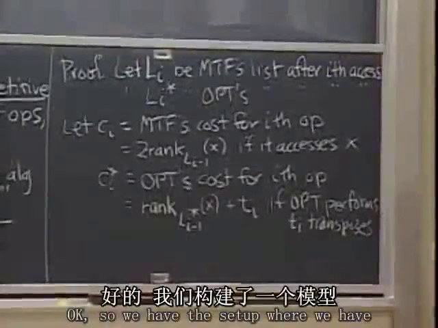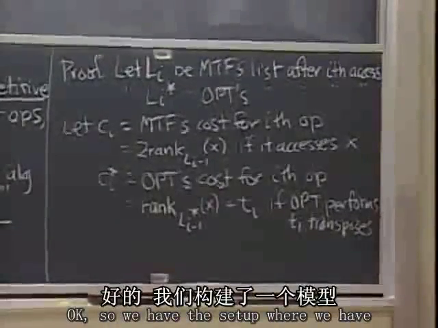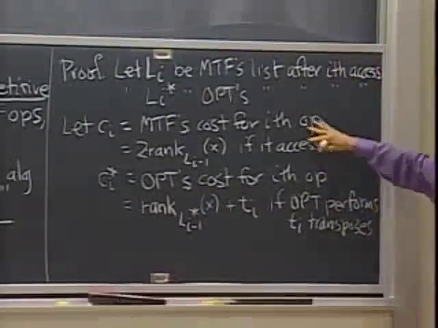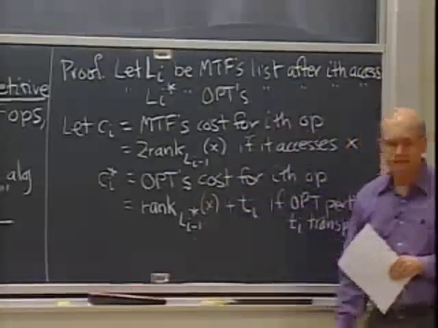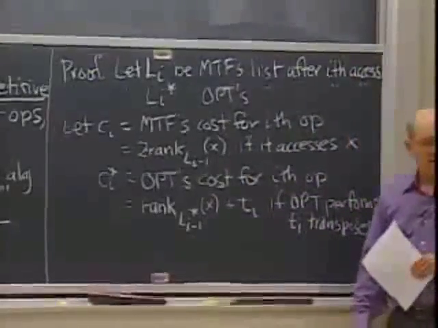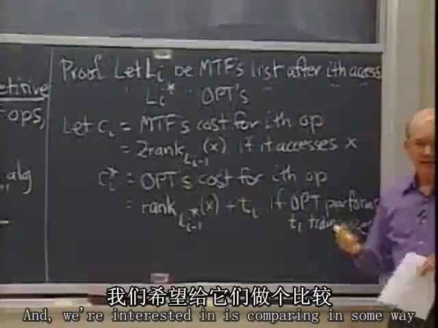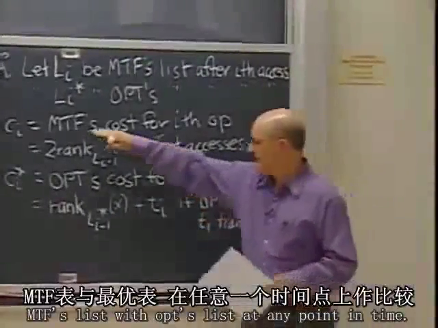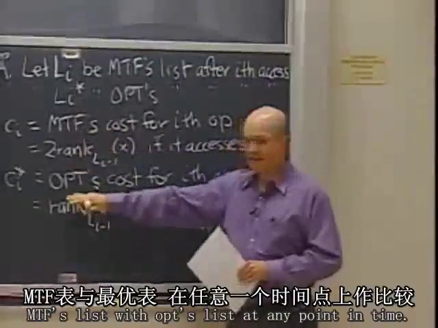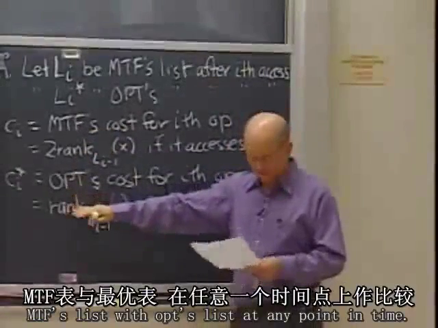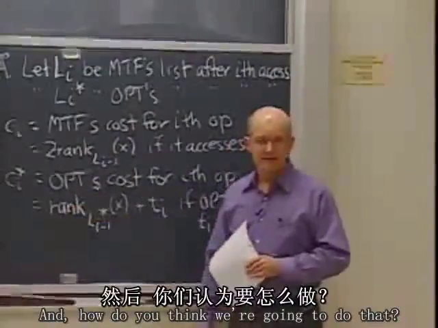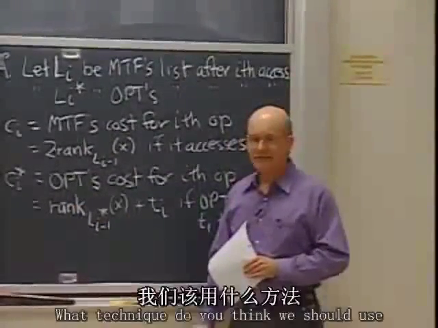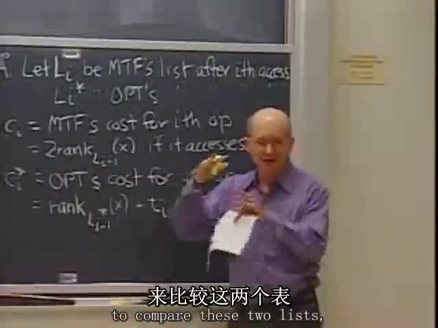Okay? So we have the setup where we have 2 different lists that are being managed, and we have different costs in the lists. And what we're interested in is comparing in some way MTF's list with OPT's list at any point in time. And how do you think we're going to do that? What technique do you think we should use to compare these 2 lists?